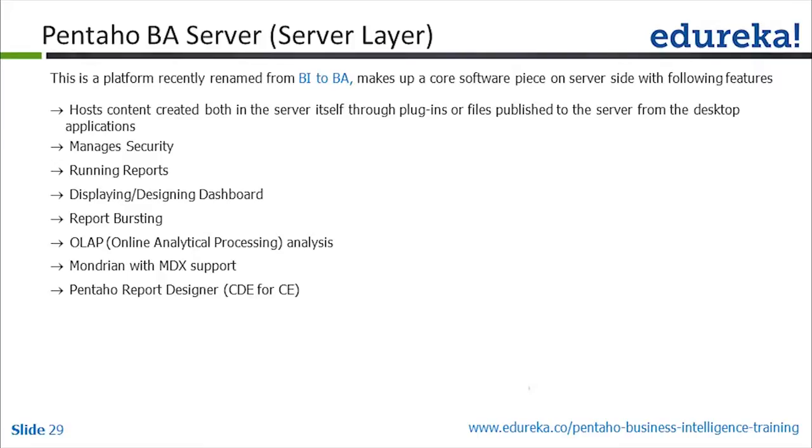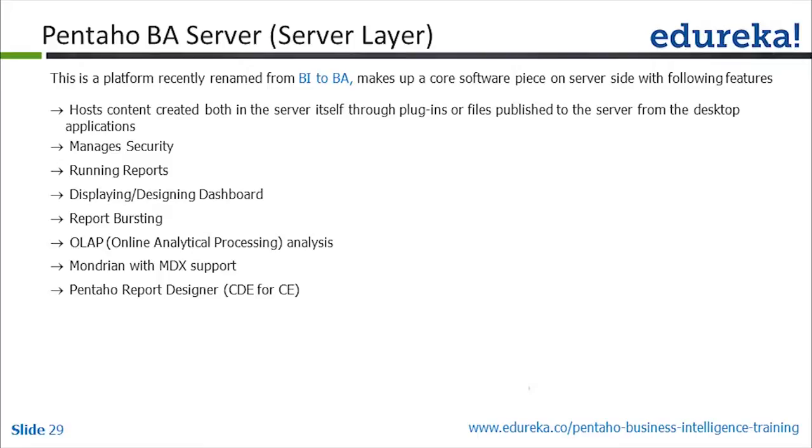Report bursting is there, and OLAP analysis, online analytical processing, so you are doing online analysis of your data basically. Mondrian with MDX support. What is Mondrian? Mondrian is a Java based engine for running your cubes.